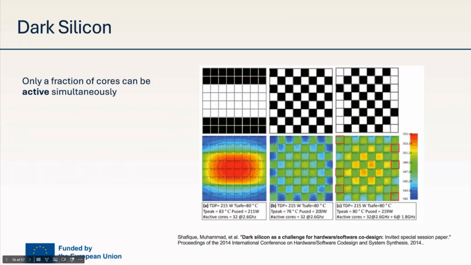One of the critical thermal challenges in modern chip design is the dark silicon phenomenon. This occurs when only a fraction of the cores on a chip can be active at a given time due to power and thermal constraints, while the rest must remain inactive, or dark, to prevent overheating.